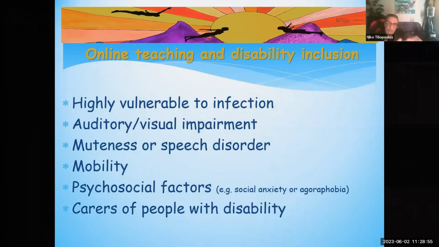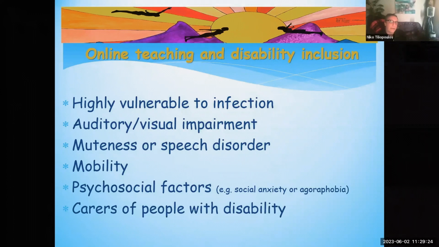Rosie covered nicely some of those in more detail. Here, I'm just citing them. So for me, the most important that happened directly because of my disability, if you wish, is that it protects highly vulnerable people from infection. Infections that can be very serious, life-threatening to them.